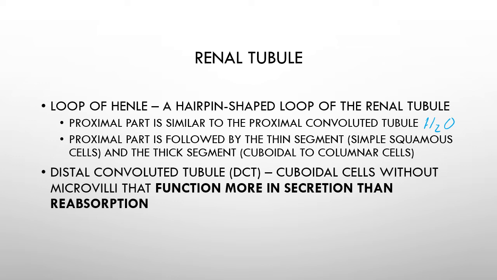They're primarily made up of the thin segment. The distal portion, the thick segment, is then going to become impermeable to water. So water in that distal end is not going to get reabsorbed. Instead, it's going to be the solutes. So we're going to pull the solutes back in, and we're going to leave the water there.